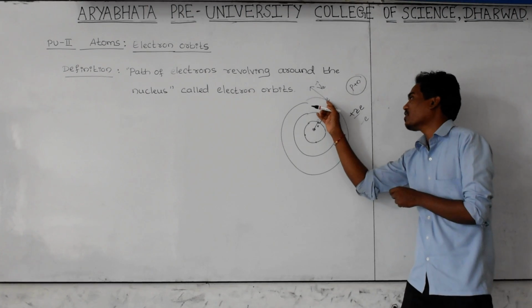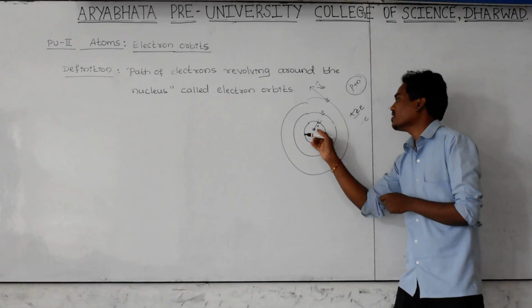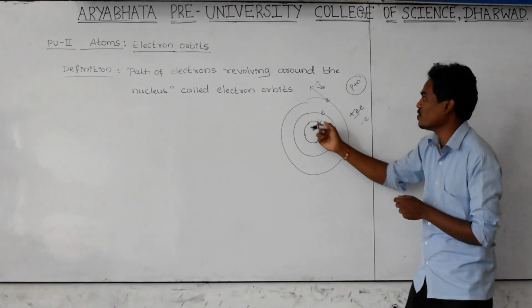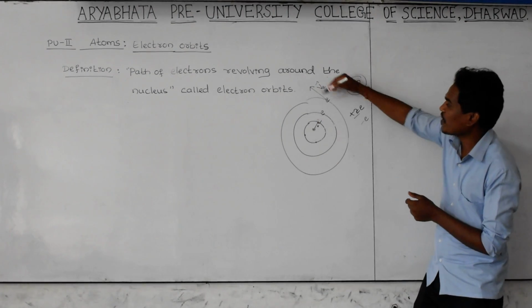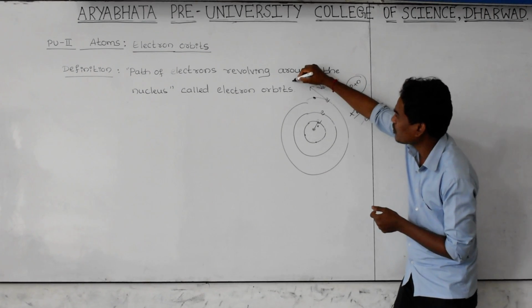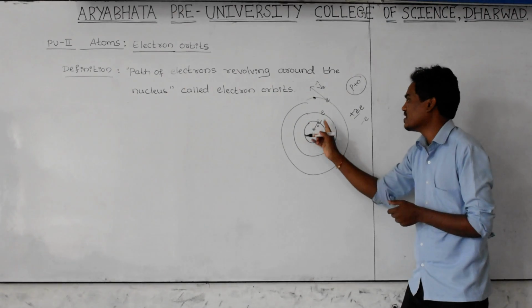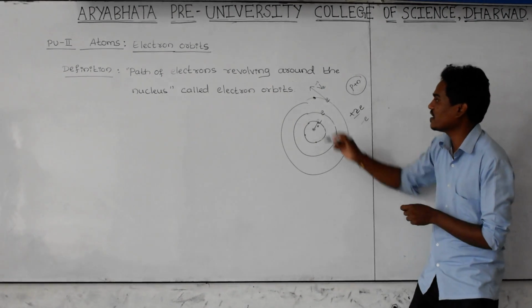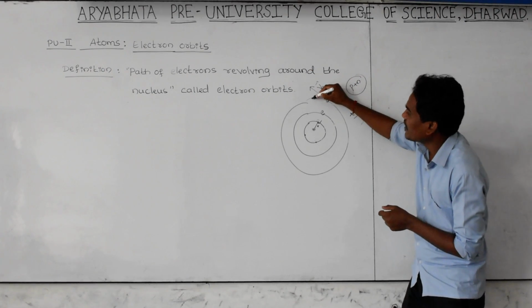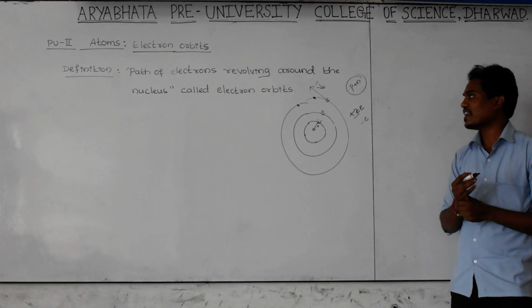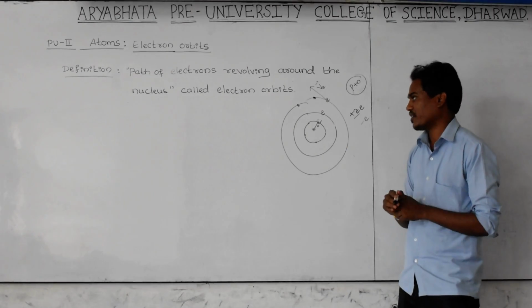But whenever the electron tries to go away from the orbit, the nucleus attracts it, and instead of going out, the electron moves back. Again at this point it tries to go, and suddenly the nucleus attracts it towards the center. Instead of going away, it comes back. This process keeps going on.